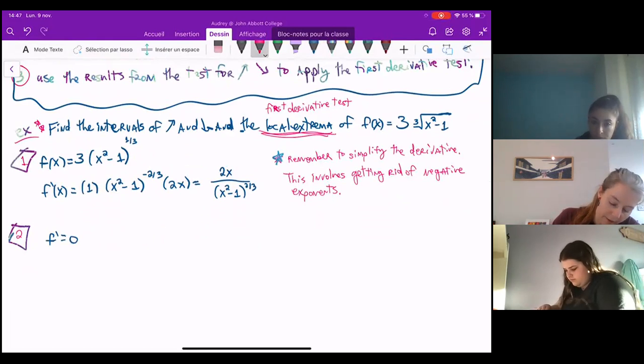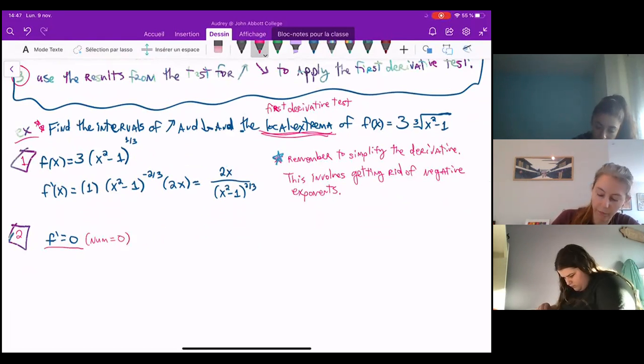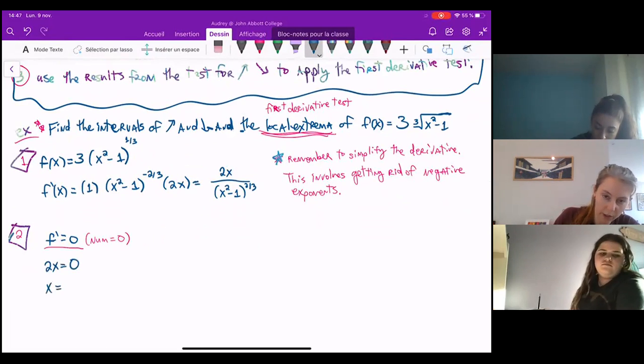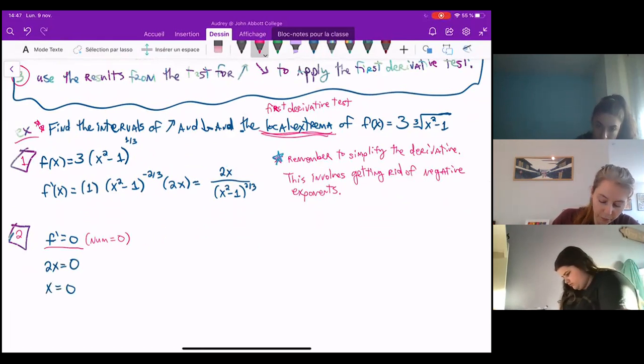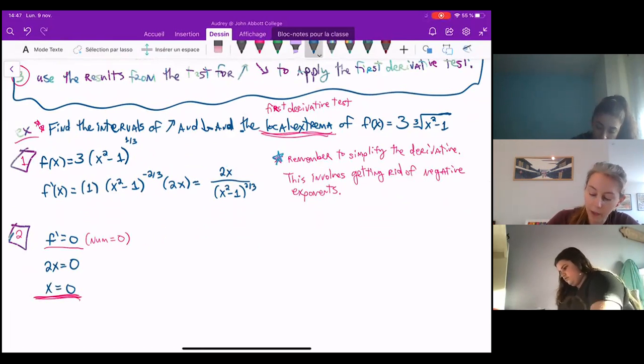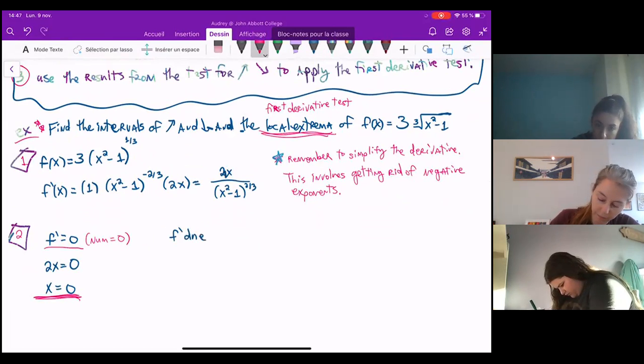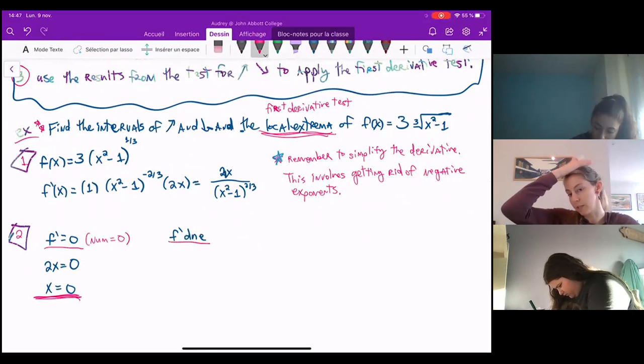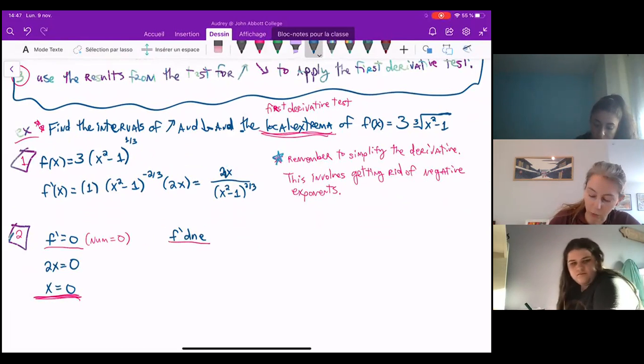So here we're going to start with f prime equals 0. And we'll remember when we have a fraction, that's like setting the numerator equal to 0. So here I'm setting 2x equal to 0, and I just get x equals 0. So that's one critical value. And then I'm going to do f prime does not exist. Here that is x squared minus 1 to the 2/3.